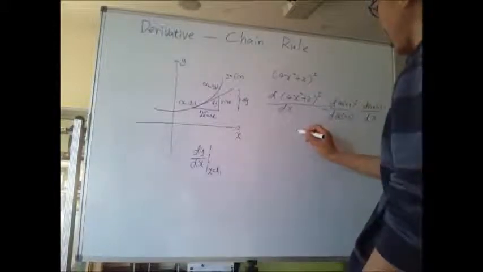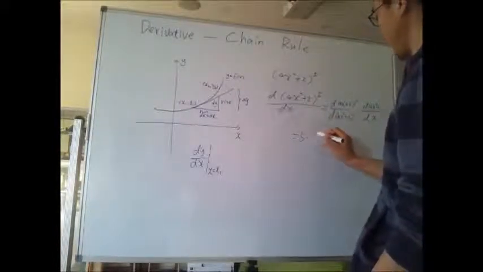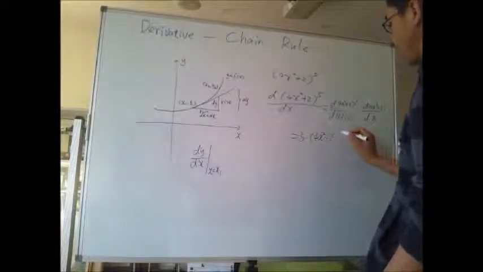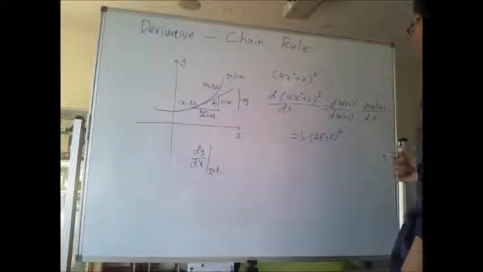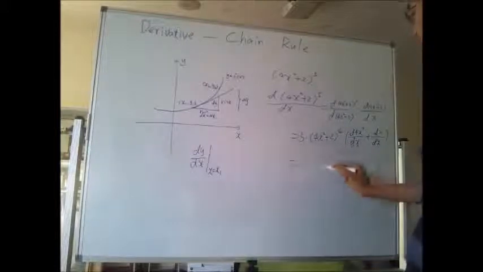So for the first part, we have 5 times x squared plus 2 to the power 4. And for the second part, we can separate it into two terms. And let's carry on.